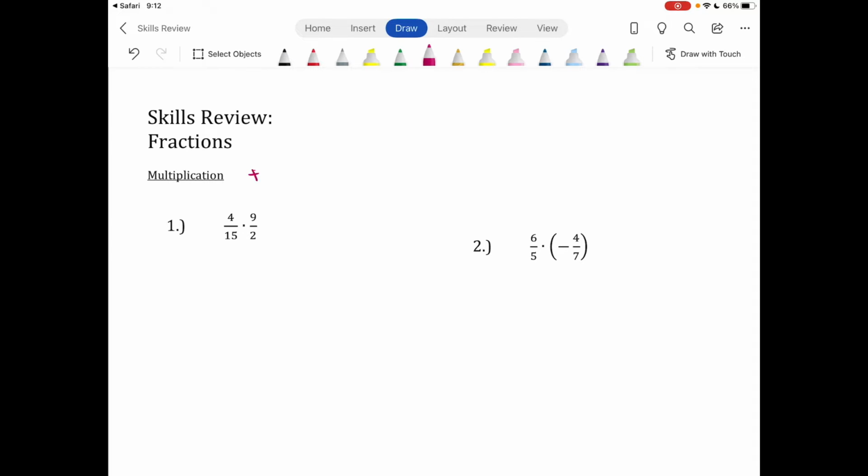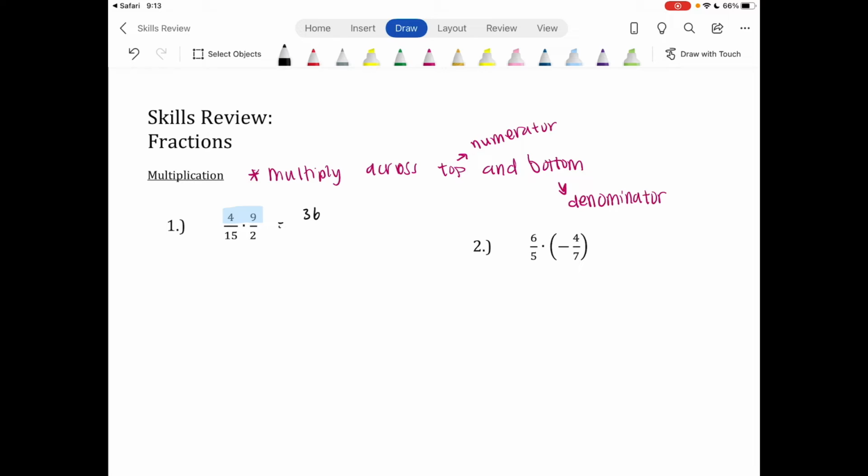When we're multiplying, all we're going to do is multiply across the top and the bottom. And remember, the top of our fraction is what we call the numerator, and the bottom of the fraction is the denominator. For our first example, we're first going to do 9 times the 4, and that is 36.